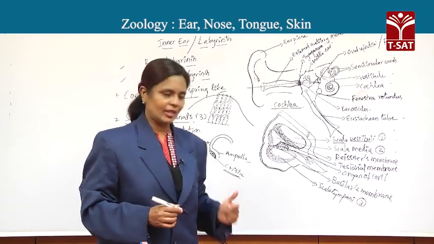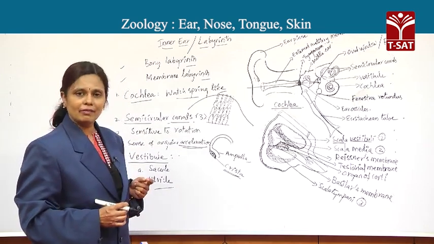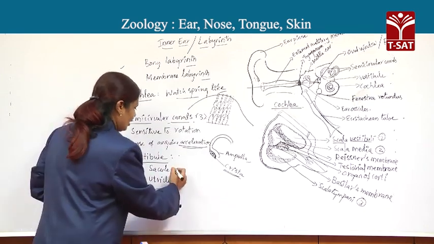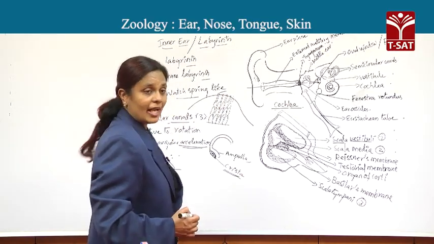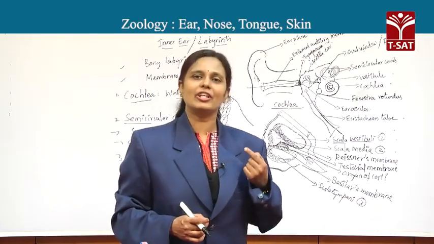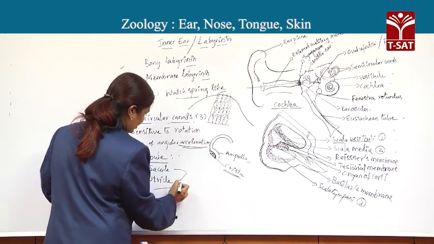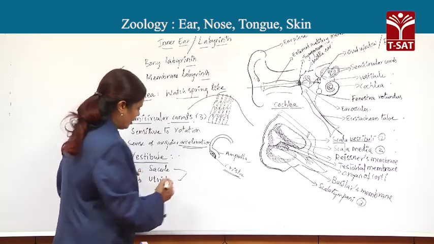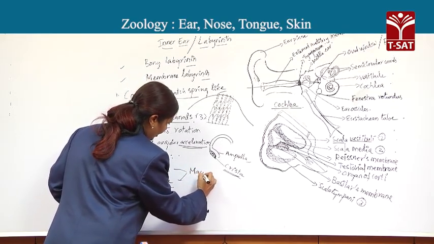Saccule and utricle are the 2 membrane labyrinths present inside the vestibule. Each of these membrane labyrinths also has one sensory ridge. The sensory ridges present inside the saccule and utricle are called maculae.